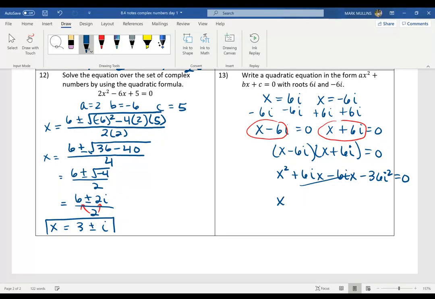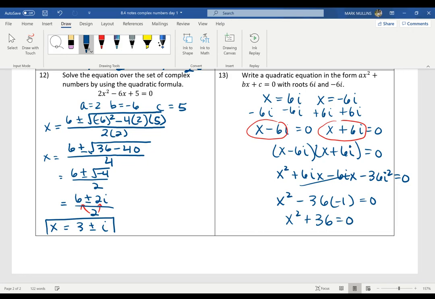So now I have x squared minus 36i squared, and my i squared is negative 1. So 36 times that negative 1 means I will now have x squared plus 36. This looks a lot like some of the factoring stuff we've been doing, but we just worked it through backwards. And it's equal to 0. That would be the other difference here.